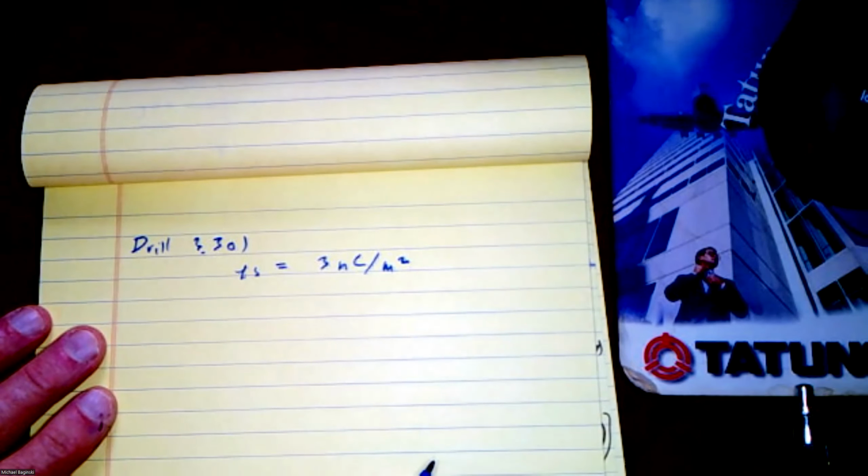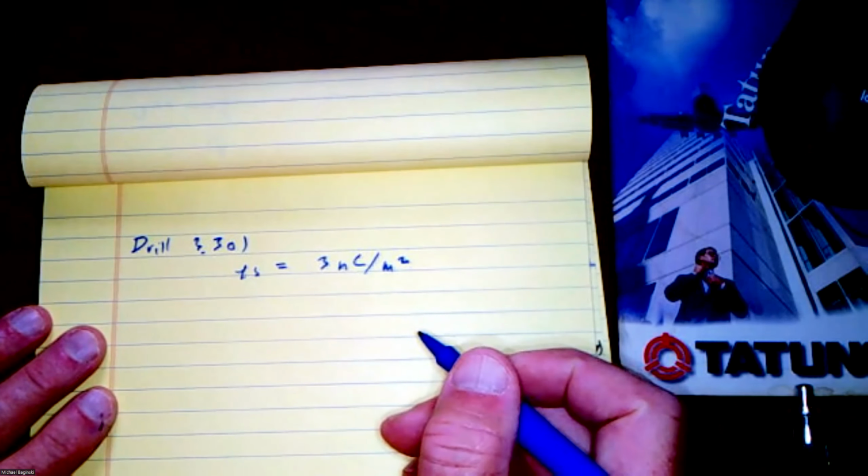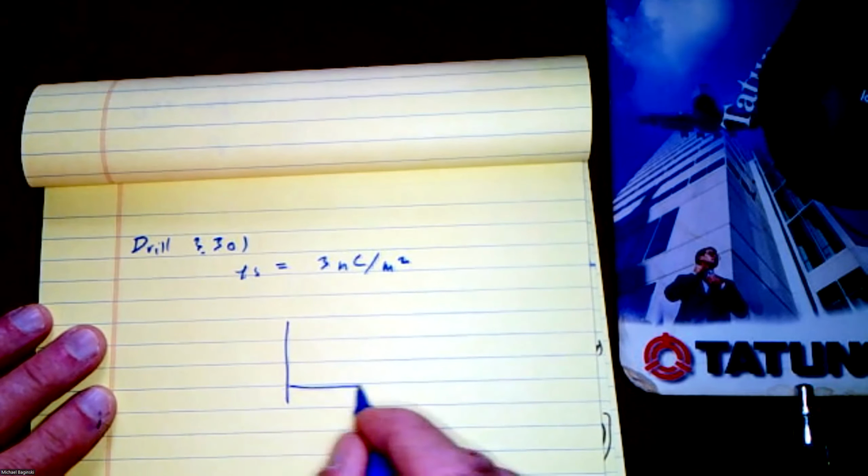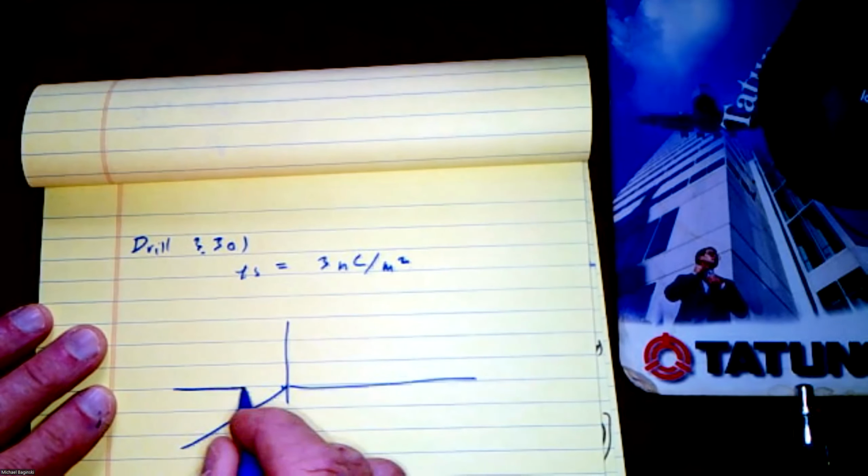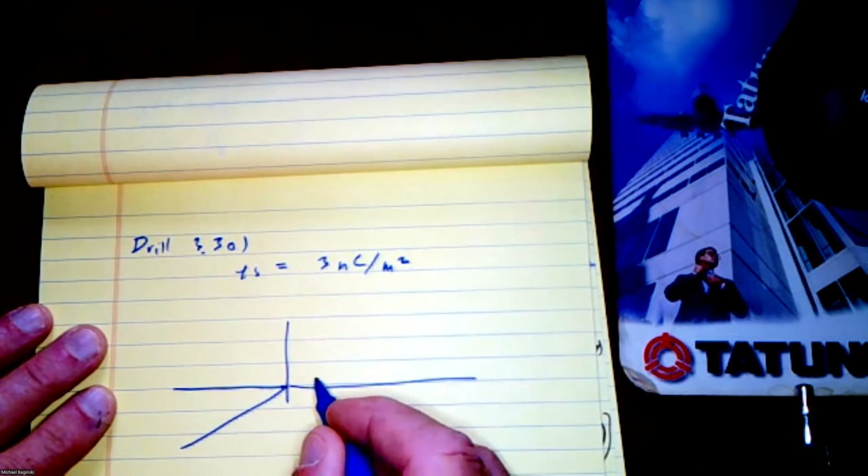I've got to draw this surface. I'm trying to draw this in a way that's useful to see. If this is x, this is y, and this is z.